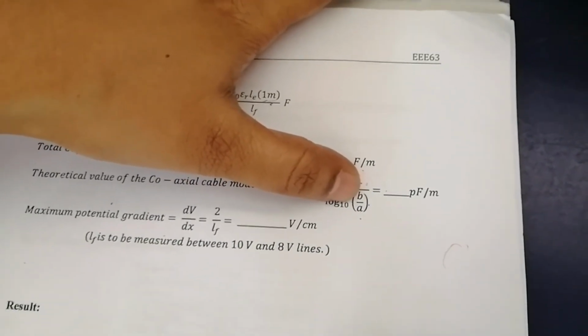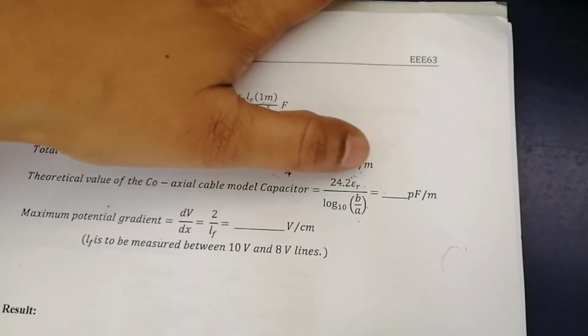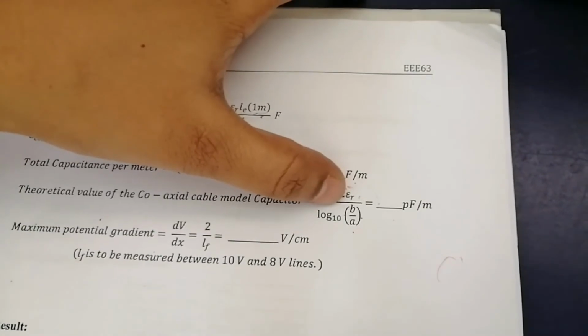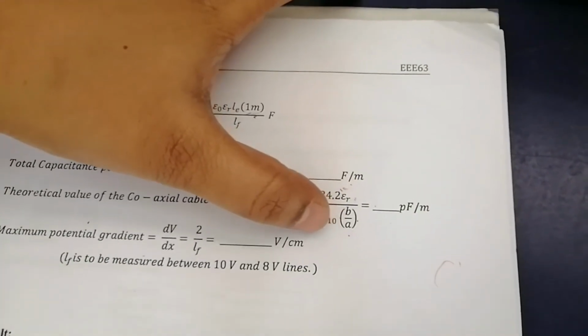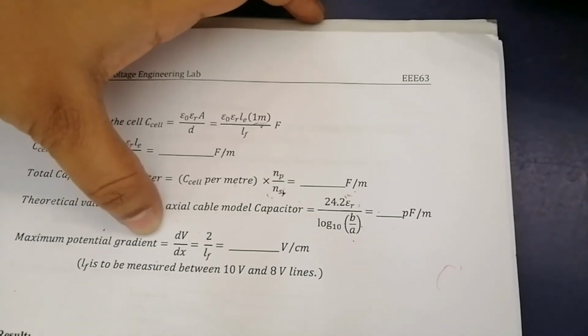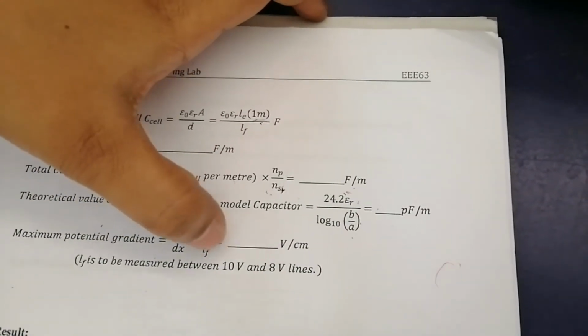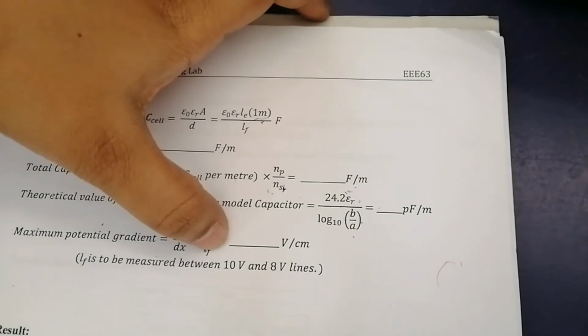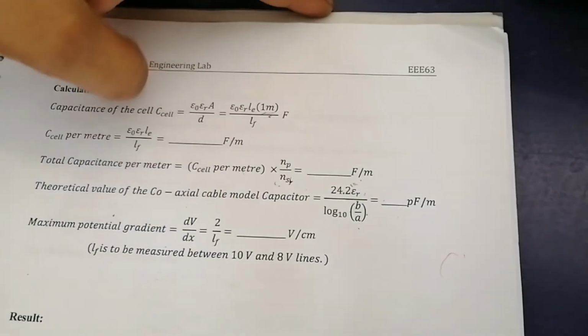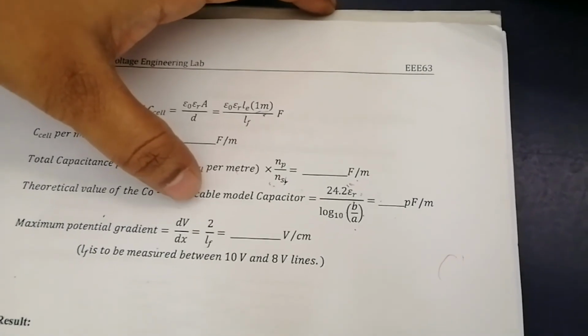Substitute those values, you will get the theoretical value. Your practical and theoretical should match. That is the second aim of this experiment. The third aim is to find the maximum potential gradient, dV by dx equals 2 by LF. You have to take LF and calculate. These are the calculations which have to be performed.